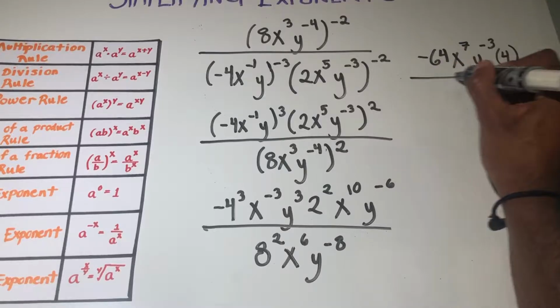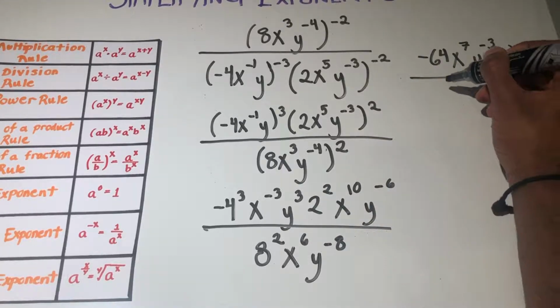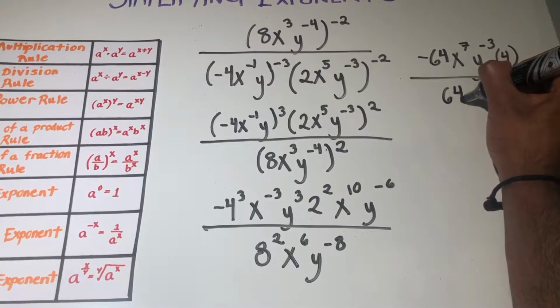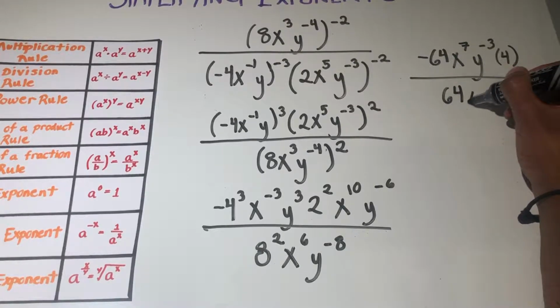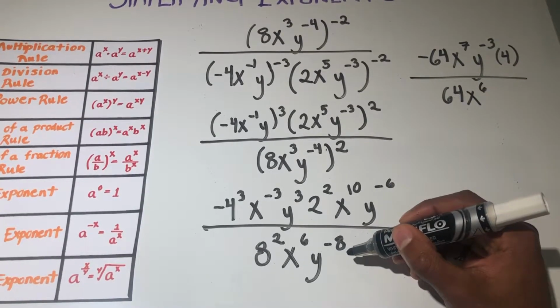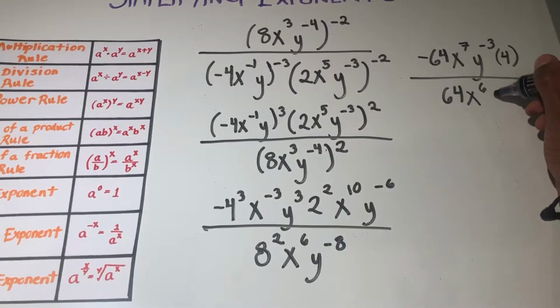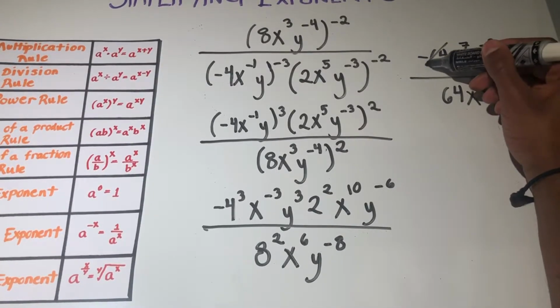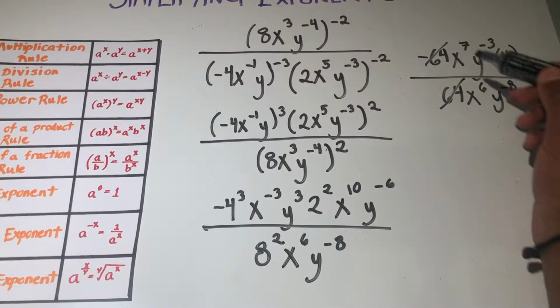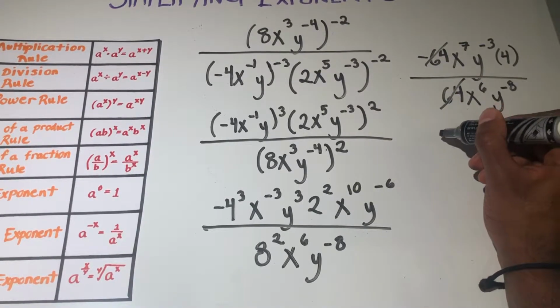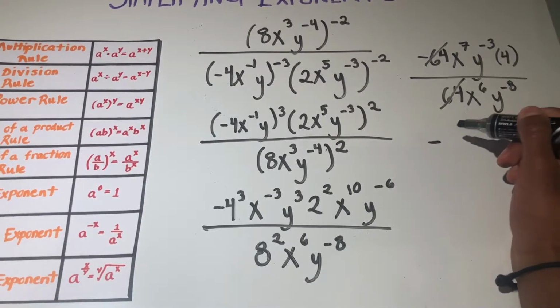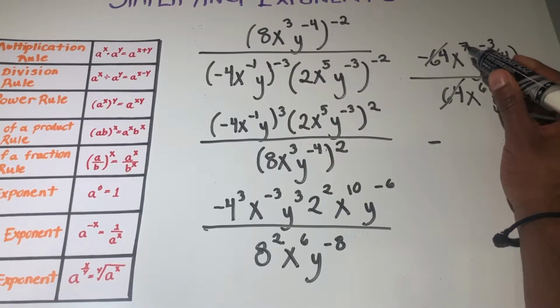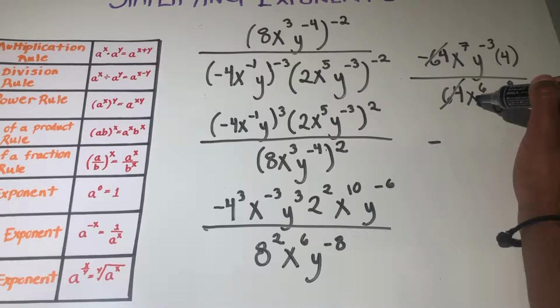All over, 8 squared is just 64. We have x to the power of 6, and we have y to the power of negative 8. Now what we can do here is cancel the 64s. Don't forget the negative sign. We have a negative out here. We have x to the power of 7, and we have x to the power of 6 at the bottom.